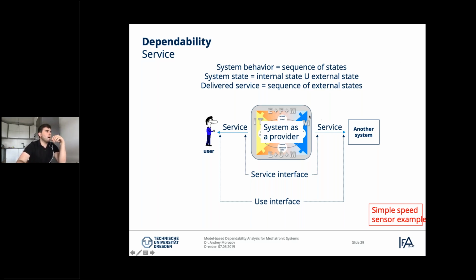So for instance, this is our system, or even a cyber-physical system. And we see the system as a kind of thing that provides service either to another system or to a user. For example, we have a speed sensor, and the speed sensor provides the readings of the speed to a driver.